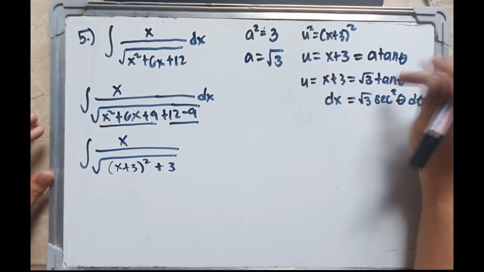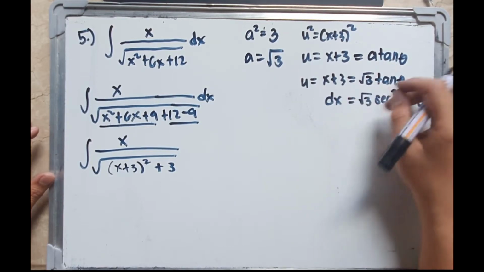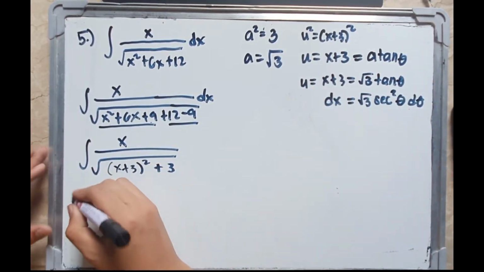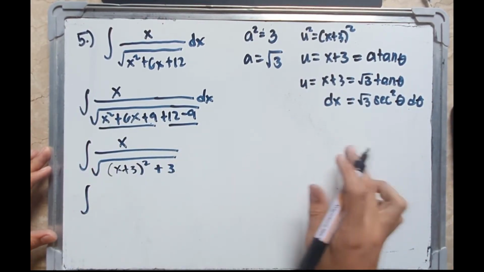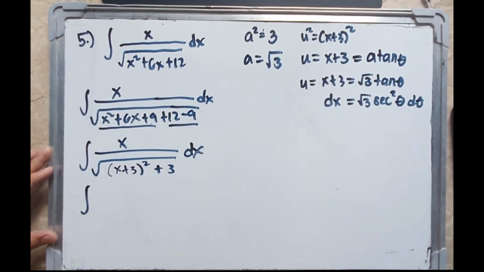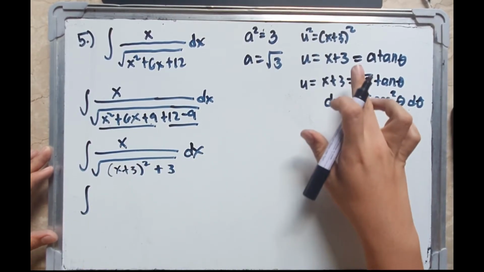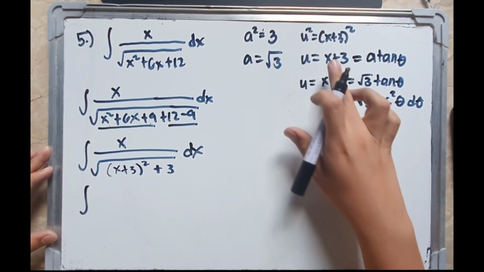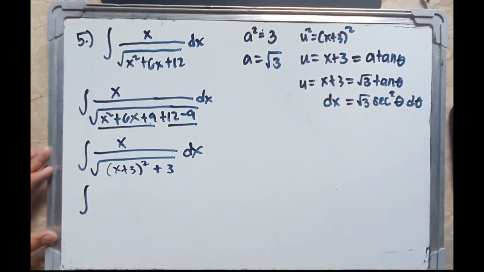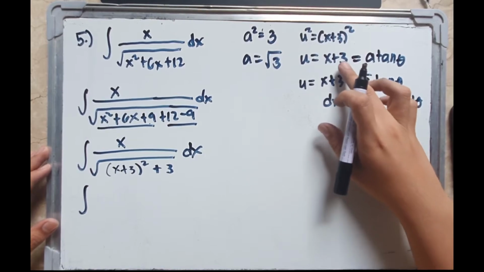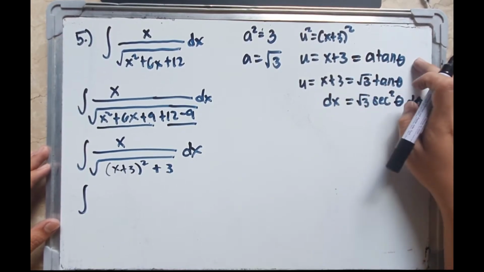Okay. So now, let's try to substitute this one to our algebraic expression right here. X, or dx, let's not forget our dx. Our x, okay. So we have our x. So transpose this one to the other side.